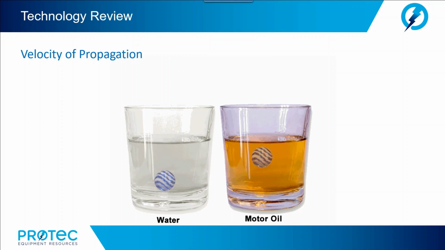The velocity of propagation changes according to the following factors: the impedance of the cable. The dielectric materials that are being used will have an influence on the propagation or the velocity, such as, are we traveling through cross-linked polyethylene, PVC, ethylene propylene rubber or EPR, or possibly paper-insulated lead-covered or PILC cable.